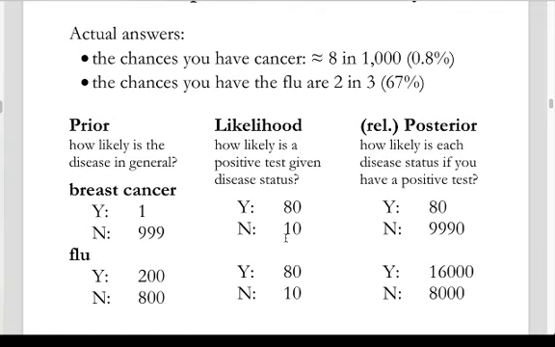For breast cancer, on the other hand, if your false positive rate is higher than the rate of infection in the general population, so here the false positive rate is 10%, but the prevalence in the population is only 1 in 1,000, well, now we're not getting very much information out of that positive test at all. Most of the positives that we're seeing are false positives, right? Not true positives. Therefore, we're wildly overestimating the prevalence of this disease when we don't take priors and false positives into account.